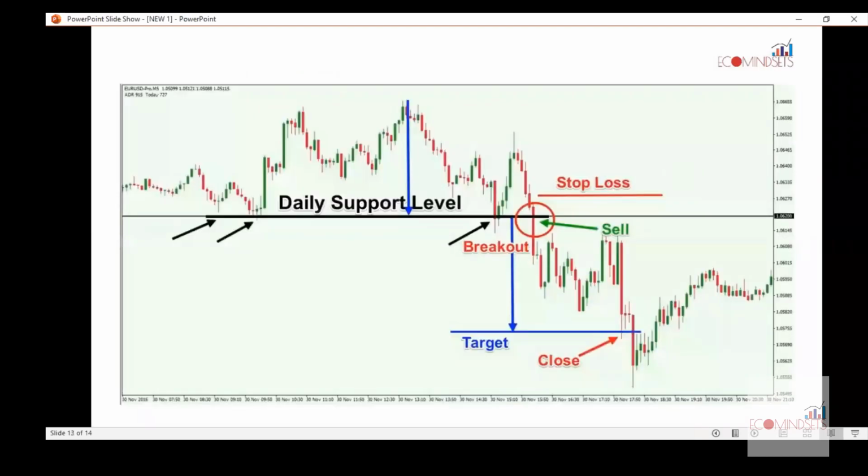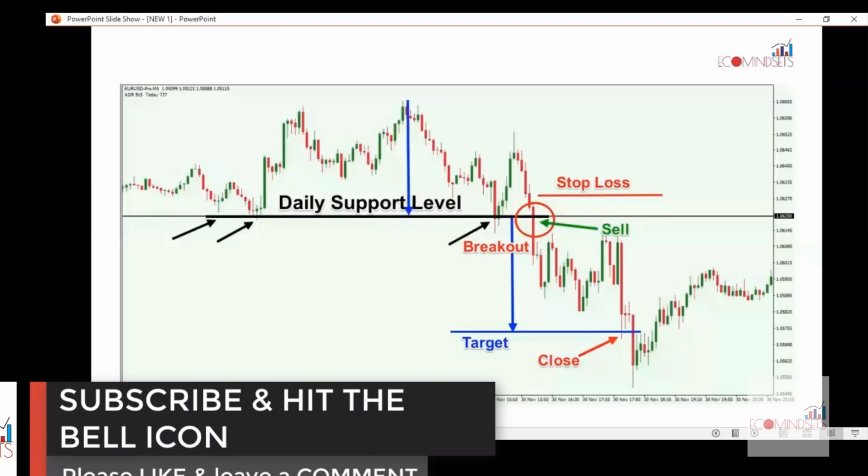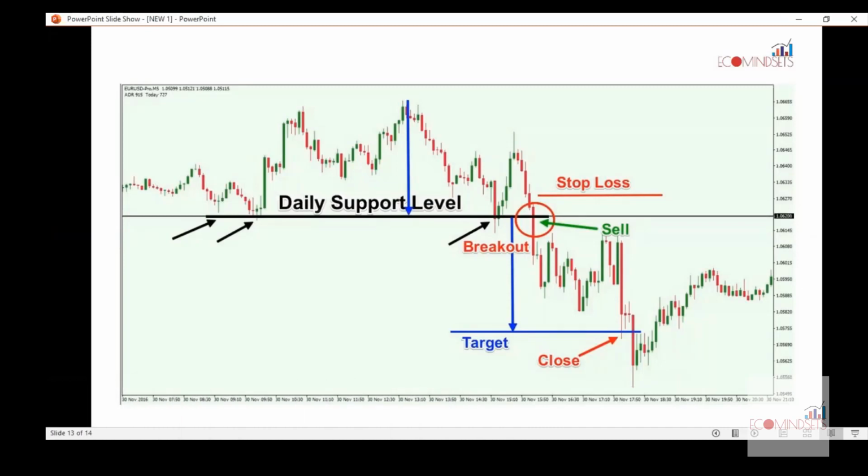Here you can see a daily support on this chart being broken. Last time I told you that to confirm that a support or resistance level is broken, it should be a momentum candle breaking through it. When a momentum candle breaks through a support or a resistance, it is a strong confirmation that the level has broken.